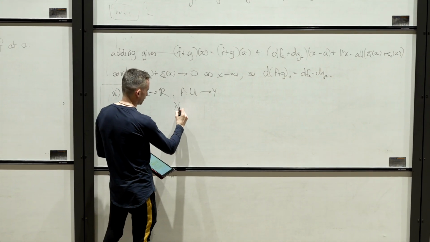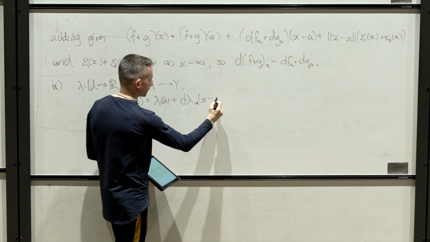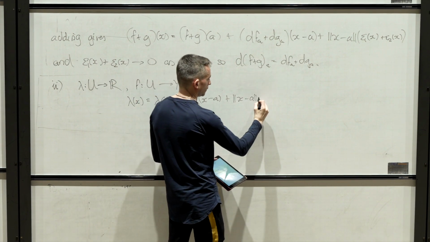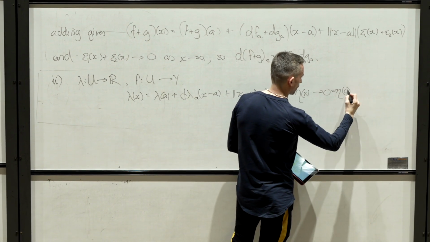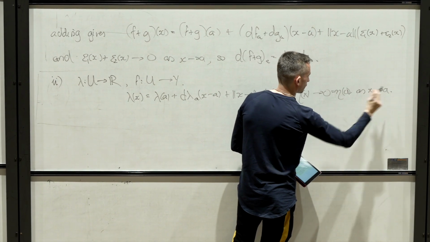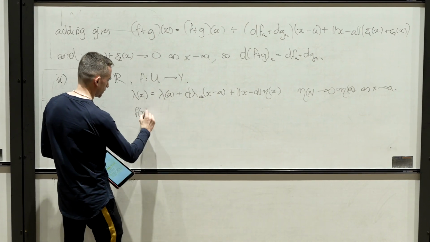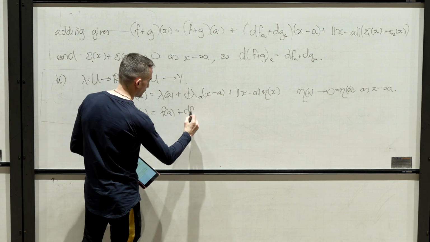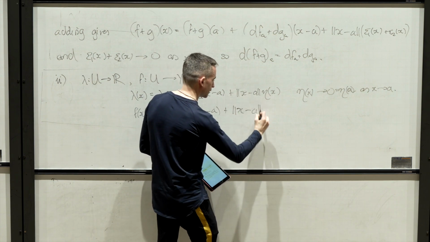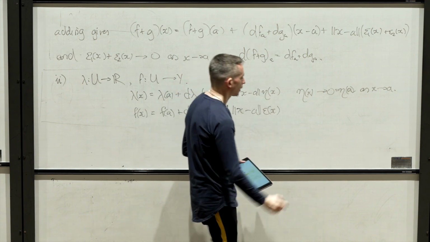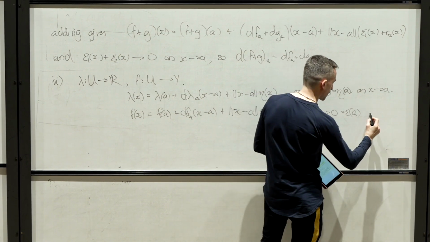Then we know that if lambda is differentiable, I have this identity, and if f is differentiable, I have this identity, let's call it epsilon, where epsilon of x tends to 0, which is what we define epsilon to be at a, as x tends to a.